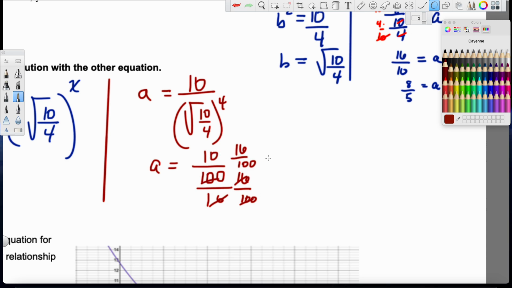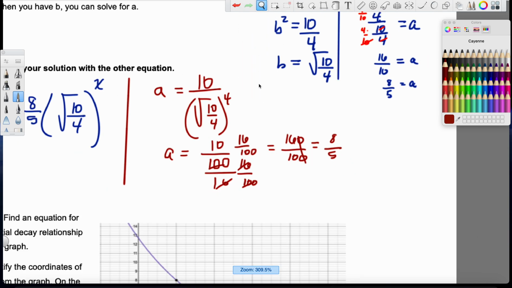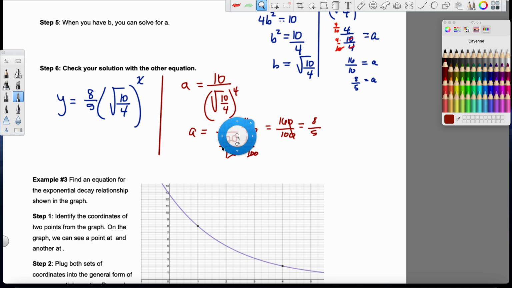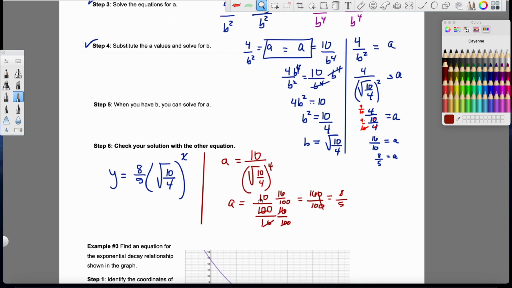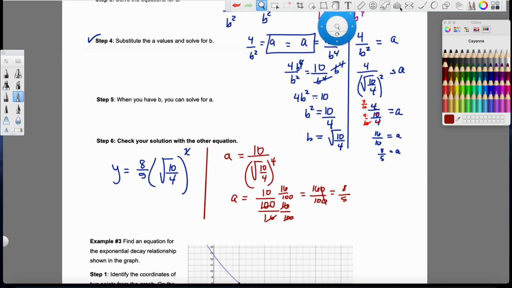And let's see, so this gives me 160 over 100. So the zeros cancel, and then this simplifies to 8/5. Oh, that's what we got here before, right? All right, so it worked. We get the same value for a.